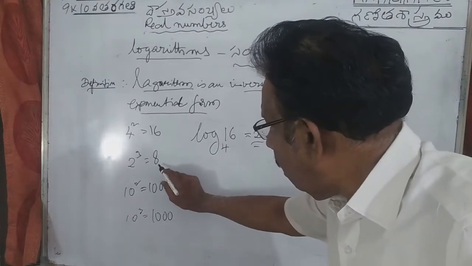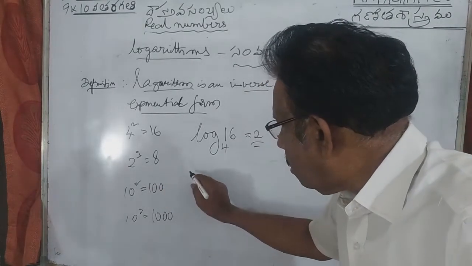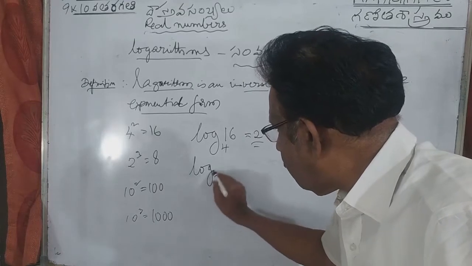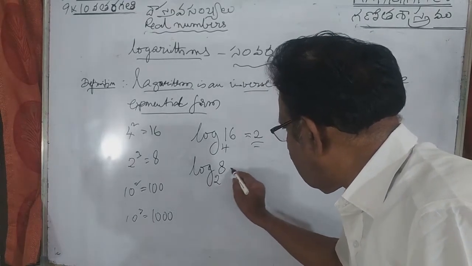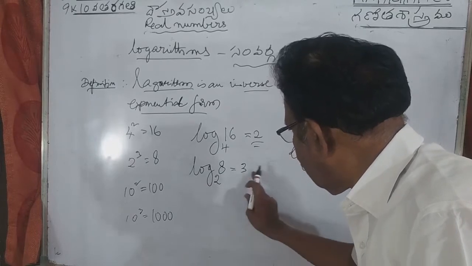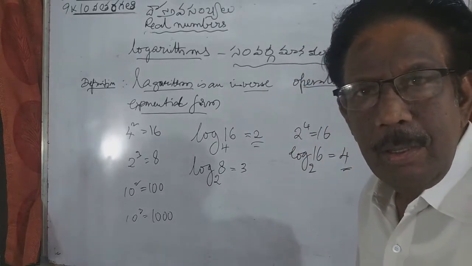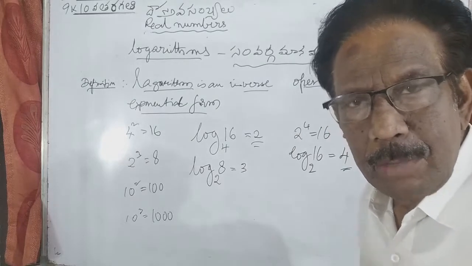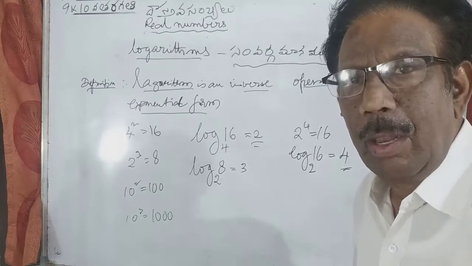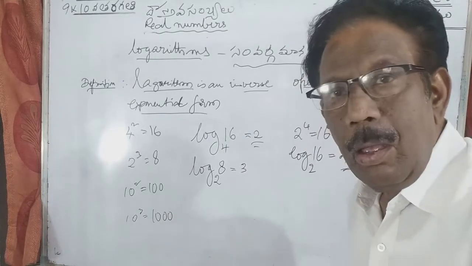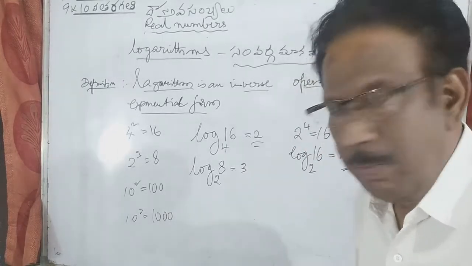Here, 2 cube is equal to 8. So the same I am writing in the logarithmic form. See, logarithm of 8 to base 2 is equal to 3, because 2 cube is equal to 8. So if the logarithm is given, you can write it in the exponential form, and if the exponential form is given, it can be written in the logarithmic form.